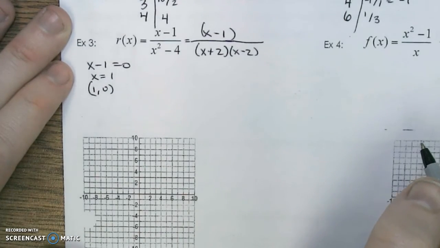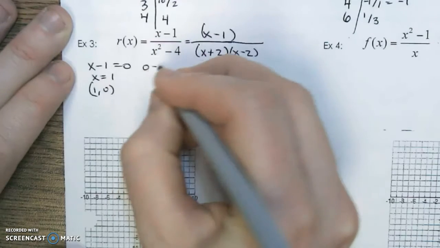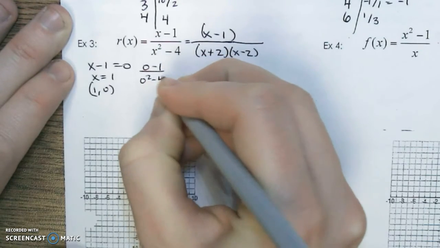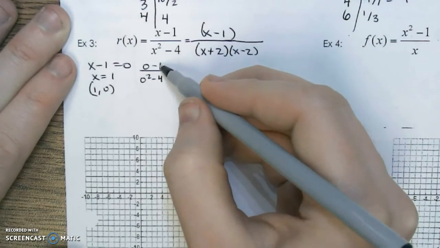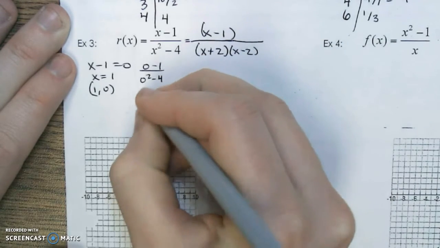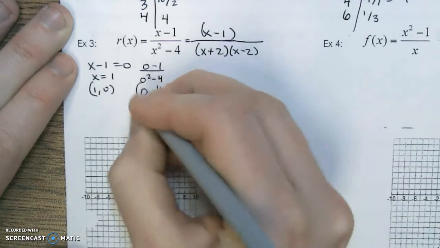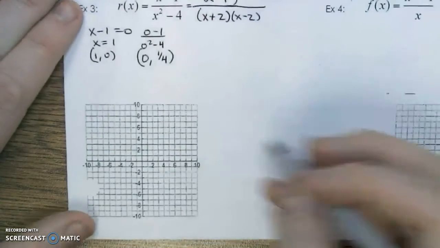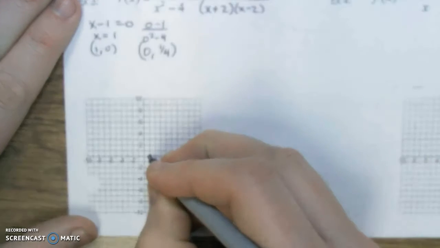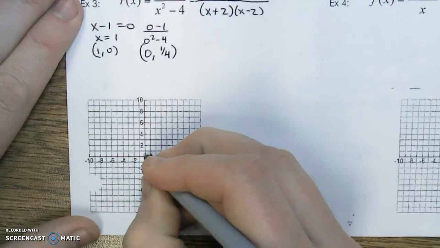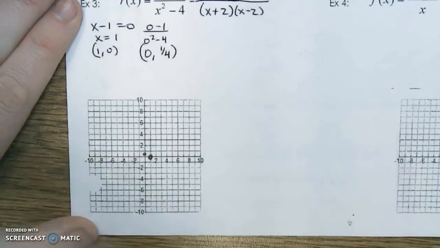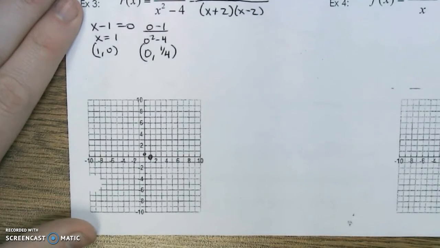If I plug in 0, I'm going to get negative 1 over negative 4, which is 1/4. So 0, 1/4. So I've got my intercepts, so I can plot those. So a point at 1 and a point at 1/4 on the y. So we've got those. And then we're going to look for asymptotes.